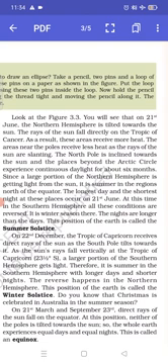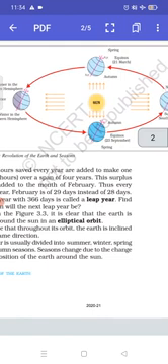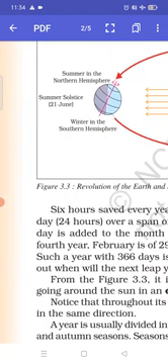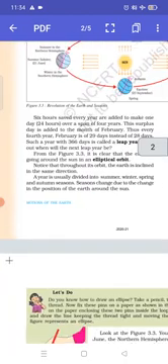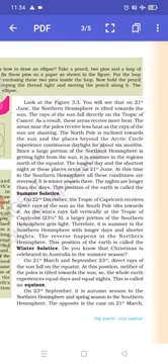The areas near the poles receive less heat as the rays of the sun are slanting. You can see in the diagram that one side receives more sunlight and the other side does not because of the position of the earth.